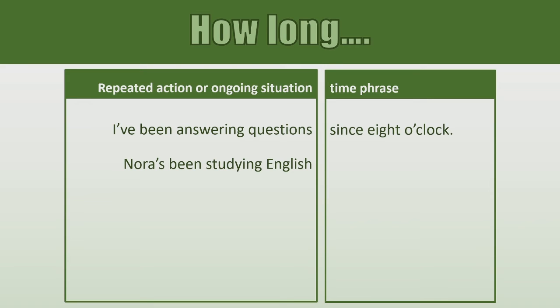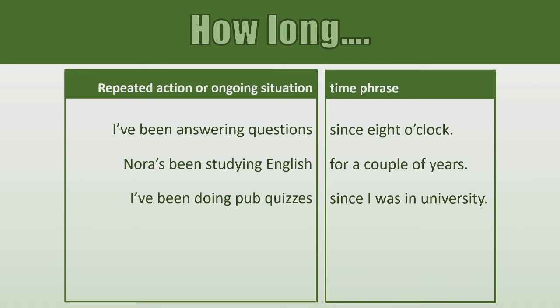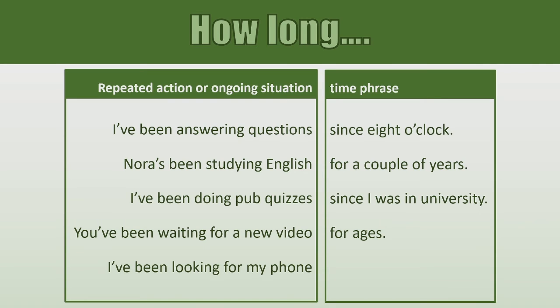Nora's been studying English for a couple of years. I've been doing pub quizzes since I was in university. You've been waiting for a new video for ages. I've been looking for my phone all morning.